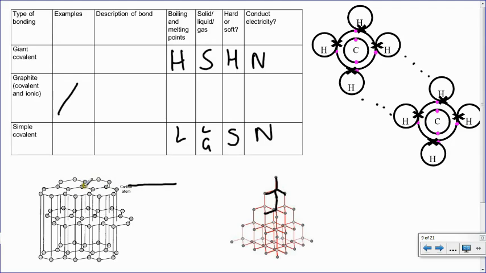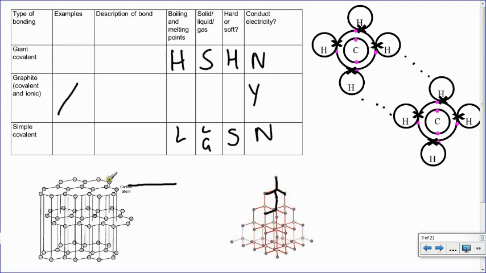You can see there's only 3 bonds for each carbon, and because carbon's in group 4 it should have 4 bonds because it's got 4 electrons in its outer shell. That fourth electron that's not used in one of these 3 bonds is delocalized, it's free to move between the layers. And because you've got these delocalized electrons that are free to move, yes, it can conduct electricity.